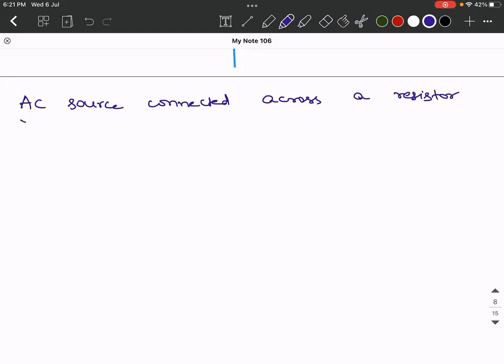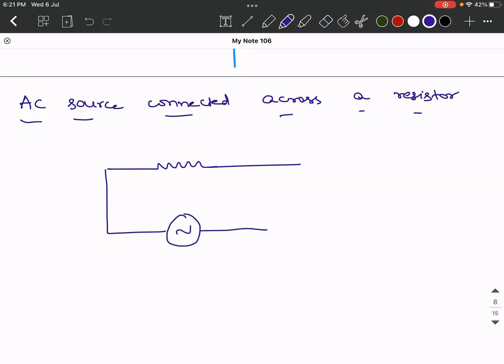So AC source connected across a resistor. Okay. Now see, if I have a resistor like this, across which we have connected an AC source, and the AC source has EMF of E0 sin omega t, then current starts flowing through this device. Right?